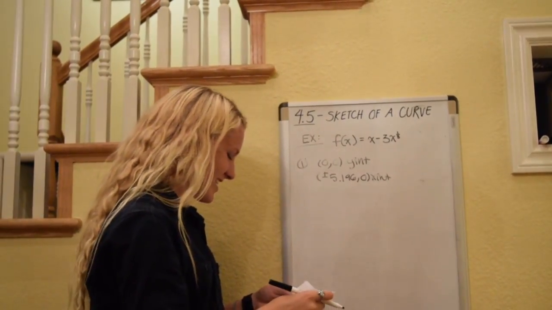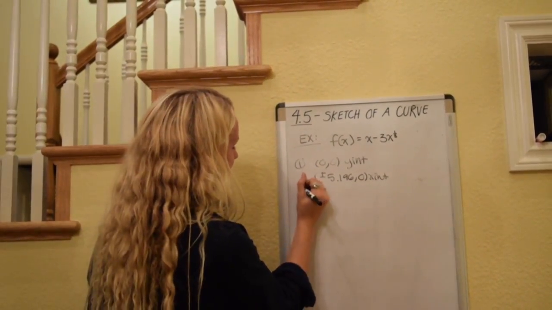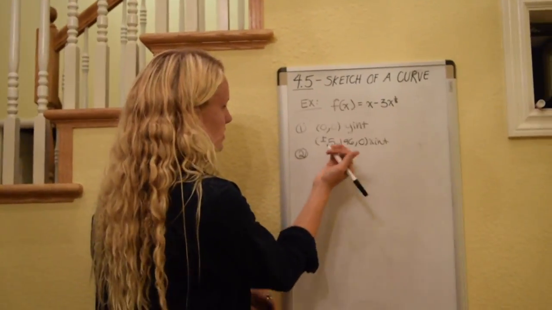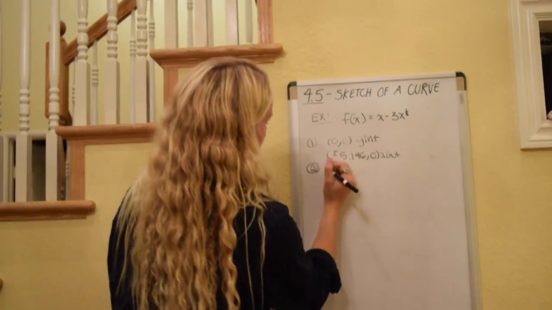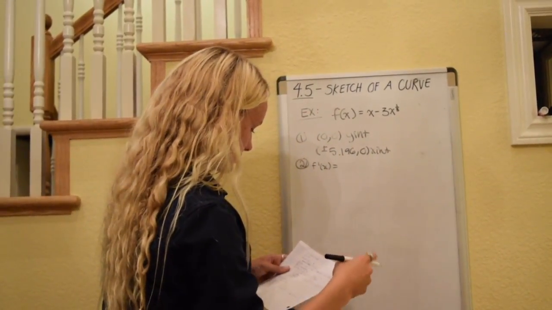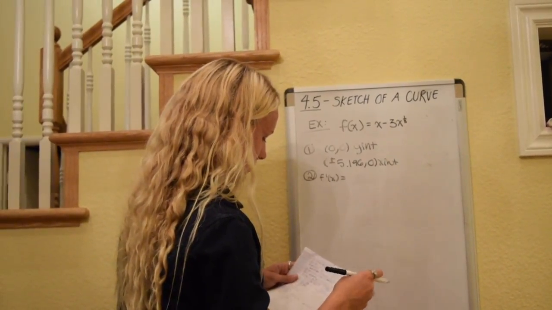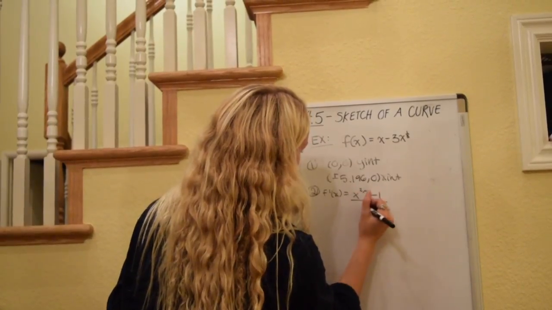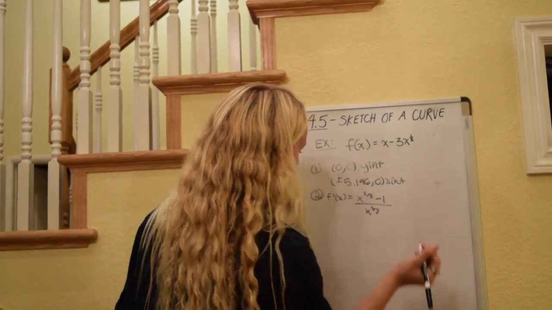Okay, sweet. Next thing we're going to look at is intervals of increase and decrease. So find the derivative of this, and you're going to get f prime of x equals x to the 2/3 minus 1 all over x to the 2/3. Sweet.